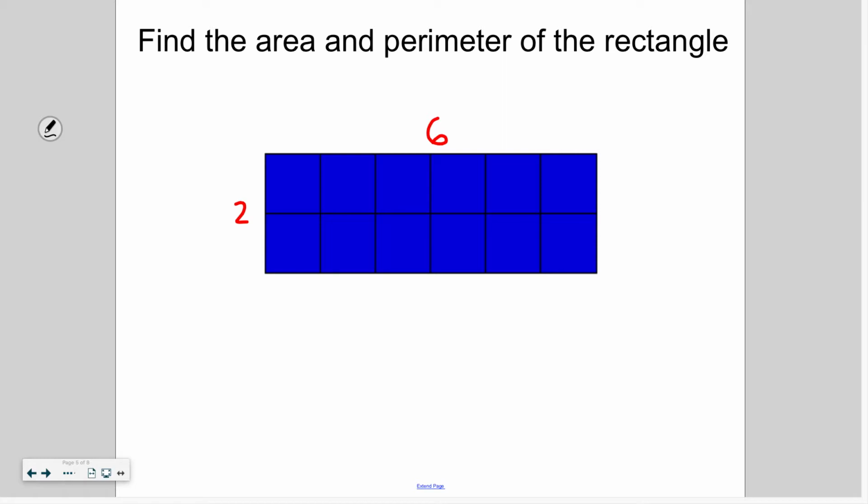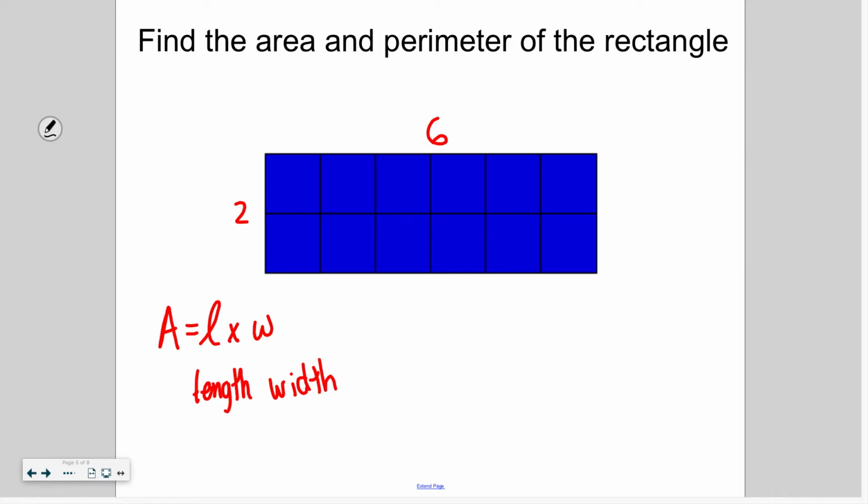So now to find the area, like I said, you can count it, but there's an easier way which relates to multiplication. The formula for area is length times width. The L stands for length, and the W stands for width. So how long and how wide something is. So you have to multiply those two sides.